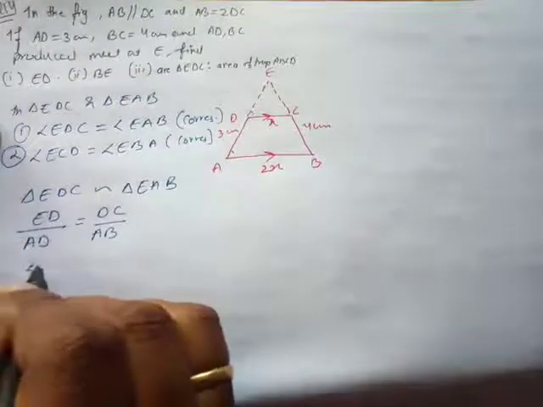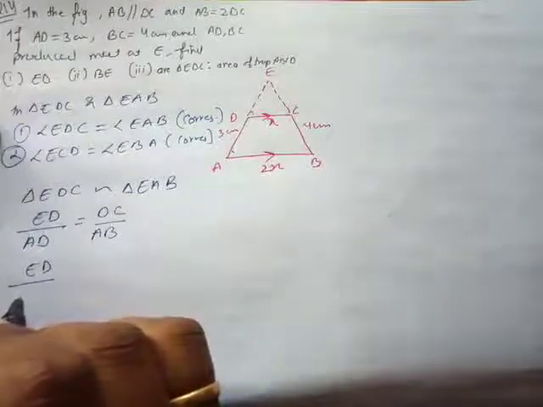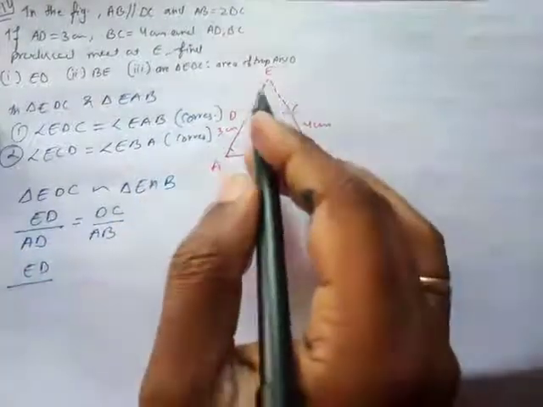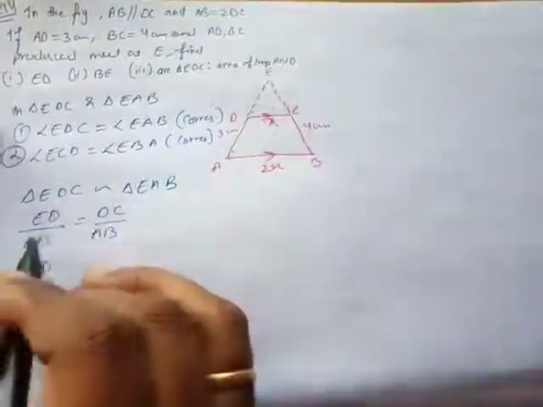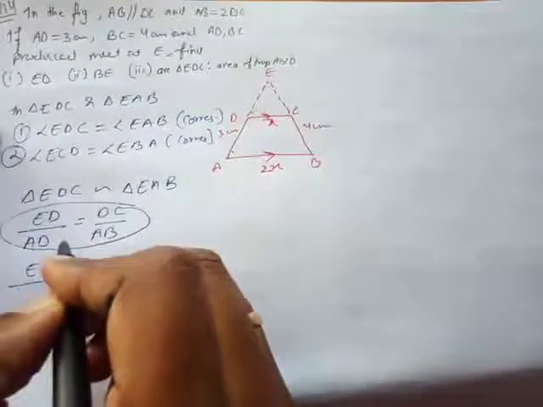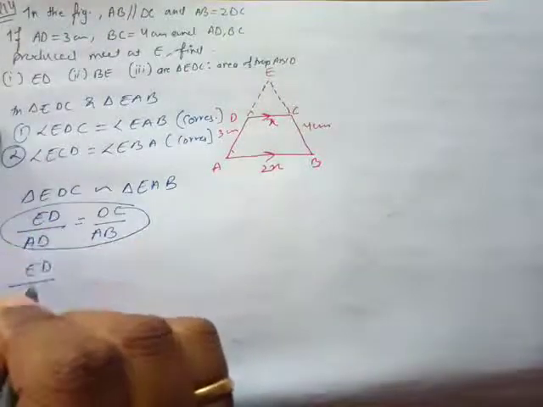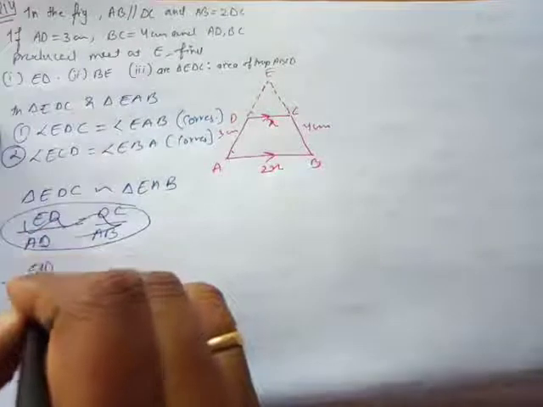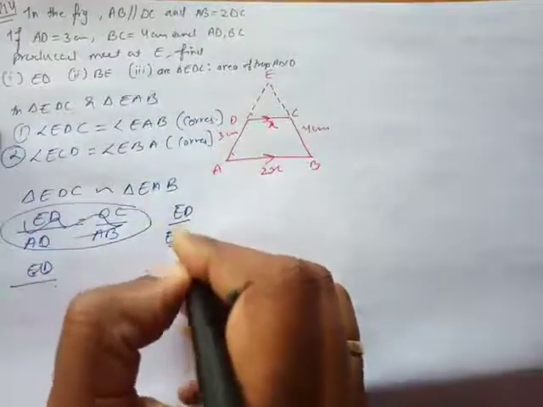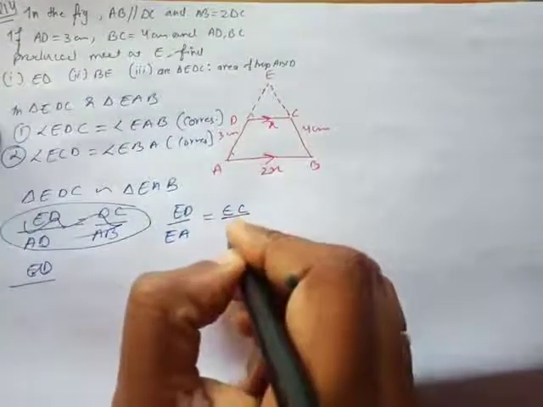So if I can write this, I can also find ED. ED I don't have at all. Sorry, I don't write AD actually. If the lines are given parallel, I can straight away write ED upon AD, but instead of ED upon AD we write according to similar triangles: ED upon EA equals EC upon EB.